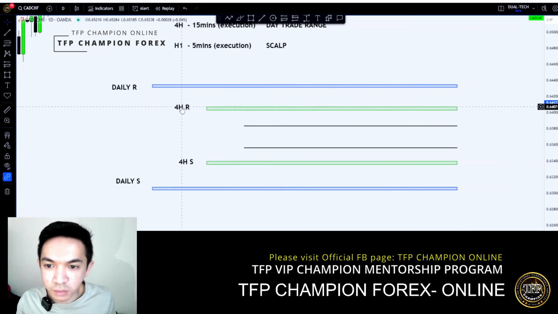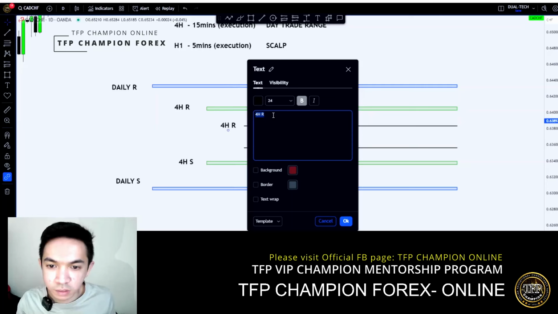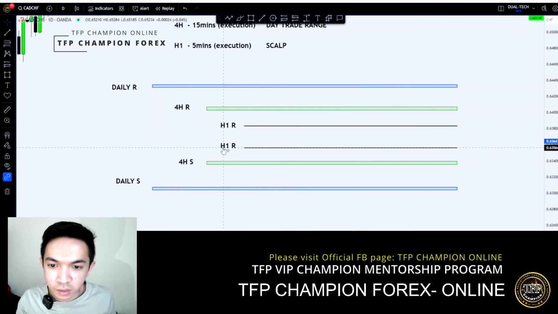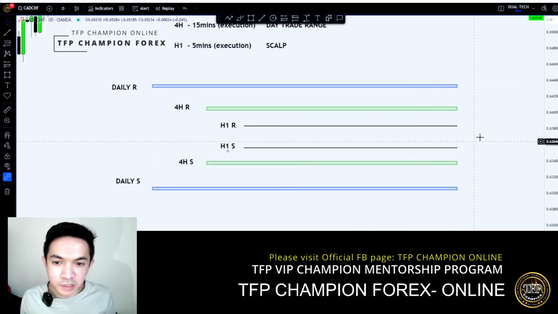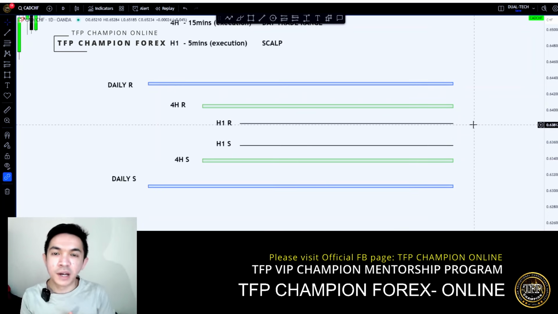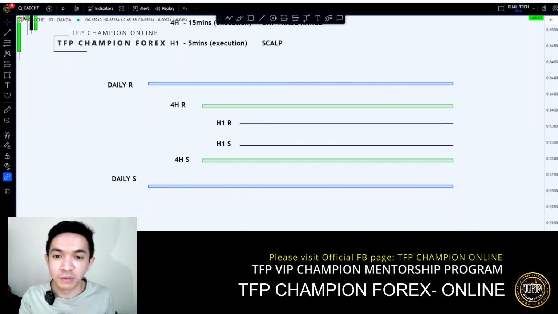Okay, so this is gonna be my H1 resistance level, and H1 support. So ano mapapansin nyo guys? So everything here has key levels, and depende kung anong time frame na, kung nasaan ka sa time frame na yun.